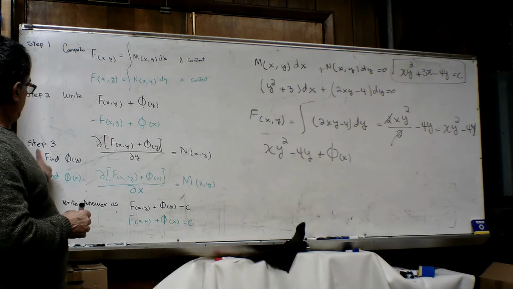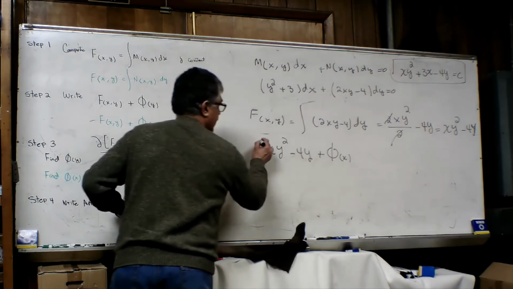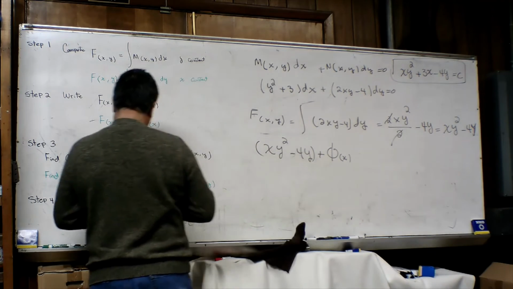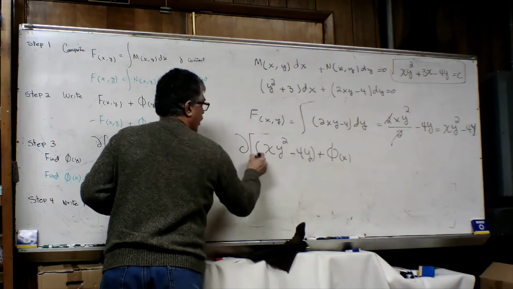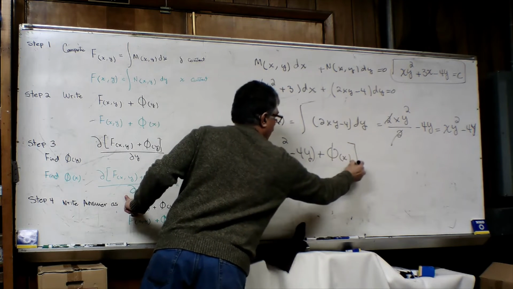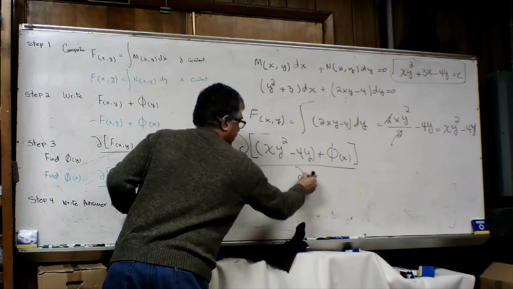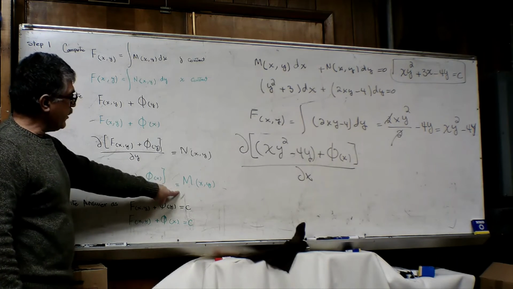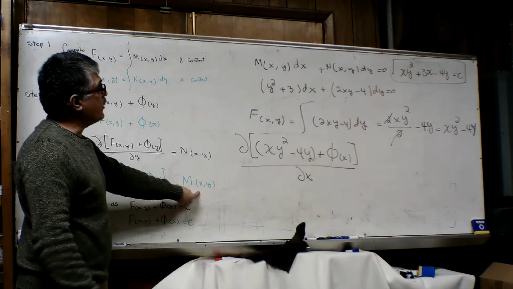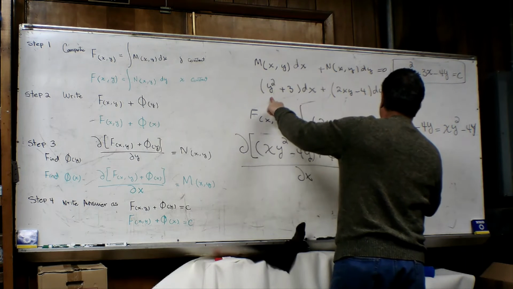Then step number 3, differentiate that with respect to x and set it equal to M as a function of x and y, which is y squared plus 3.